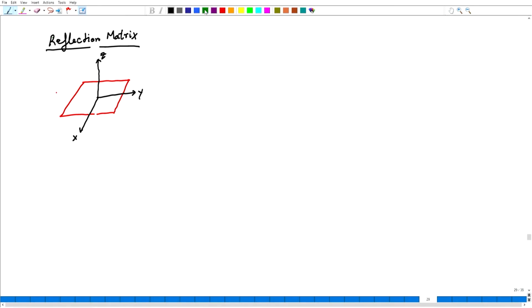Take a point, let us say x, y, z, and reflect it through the horizontal mirror plane, and it will get reflected below the mirror plane, or below the xy plane. Clearly, the position of the reflected point would be: x and y will not change, and plus z would become minus z.